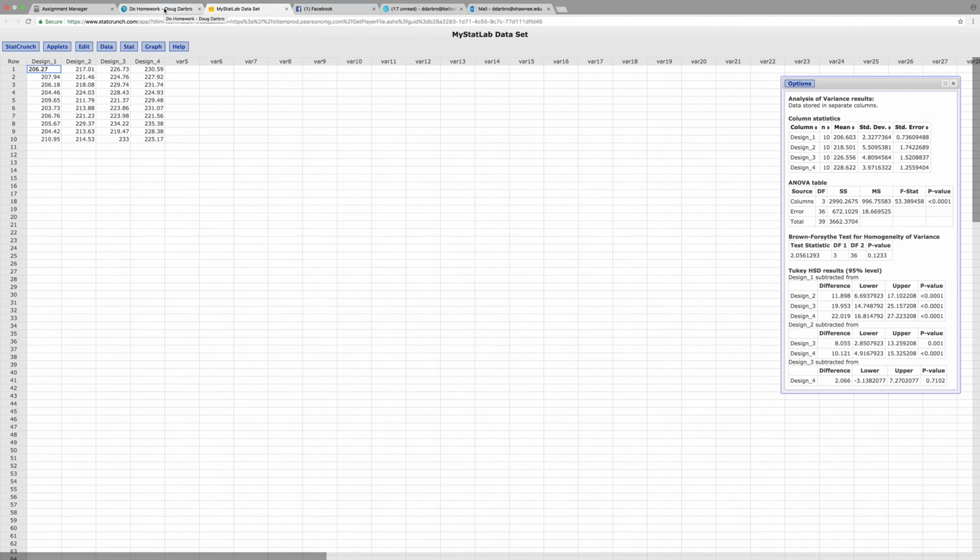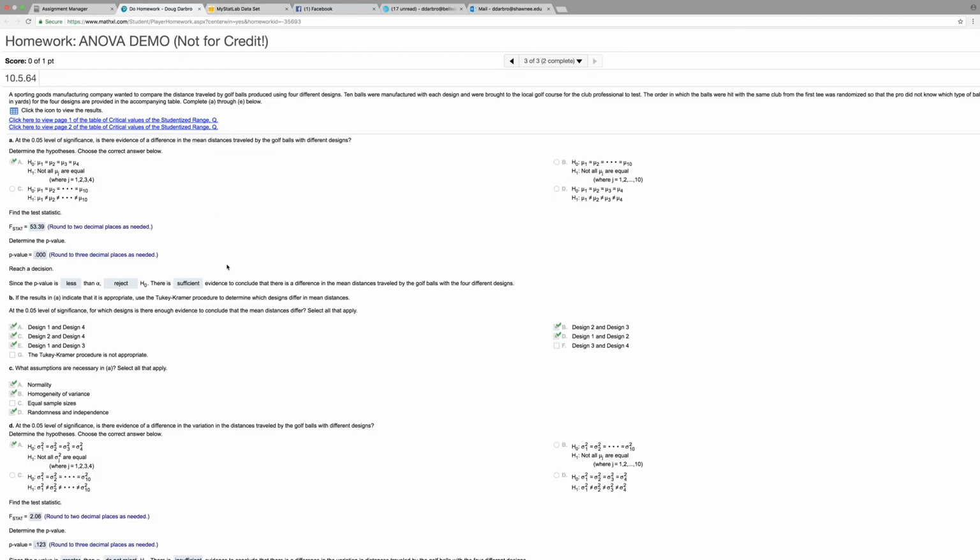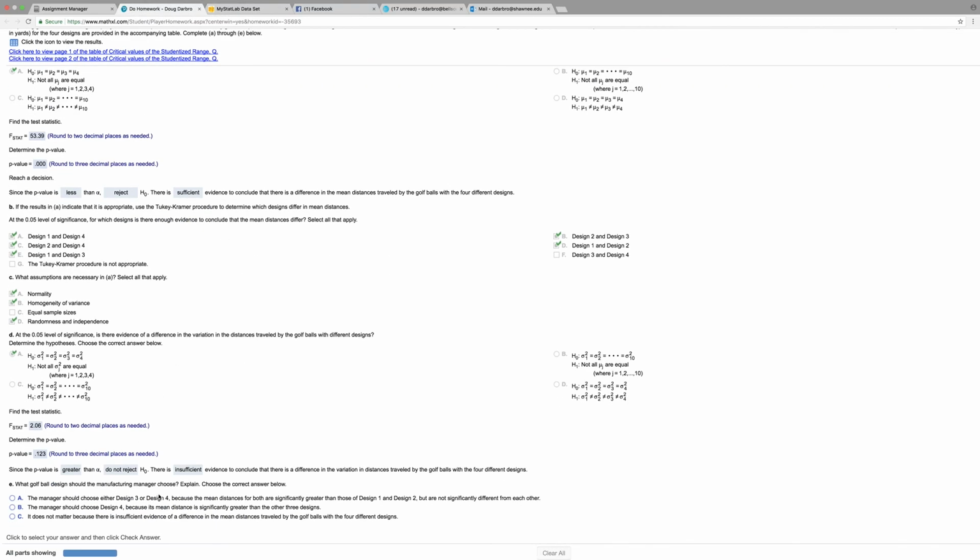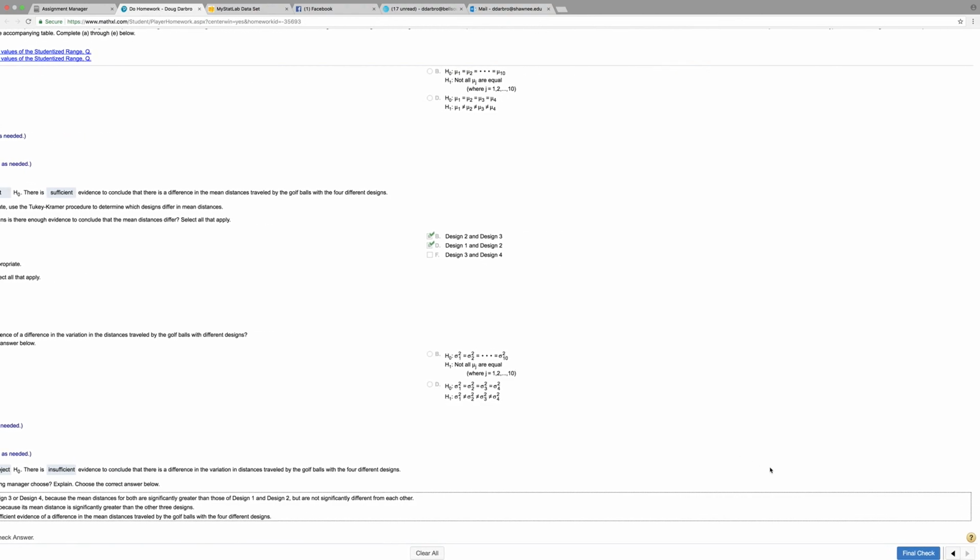They have the higher sample means, so we do have significance. I choose design 3 or 4, because the mean distances are both significantly greater than those of 1 and 2, but are not significantly different from each other. So, yep, I think that is the appropriate conclusion.